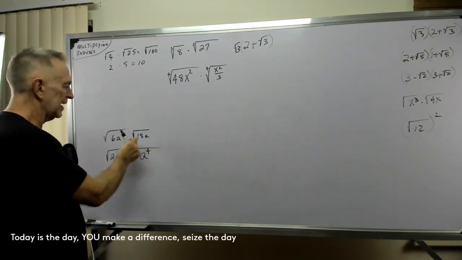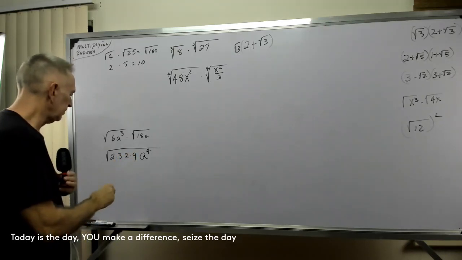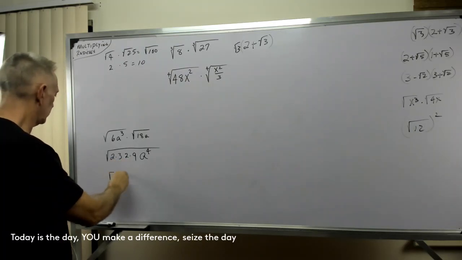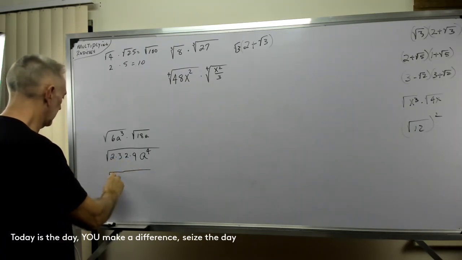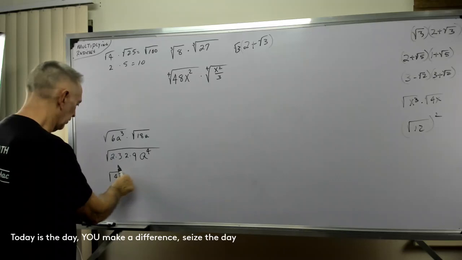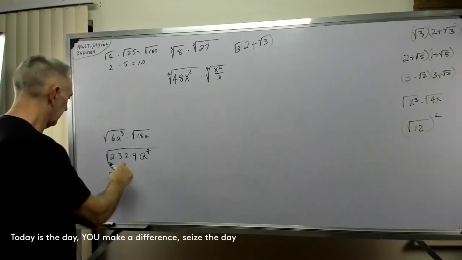And I'm going to break 18 into 2 times 9. So now I have 2 times 2 is 4. All of this is under the square root sign now. I have 4 times 3, well, let's break it out. We have square root of 4 times square root of 3.